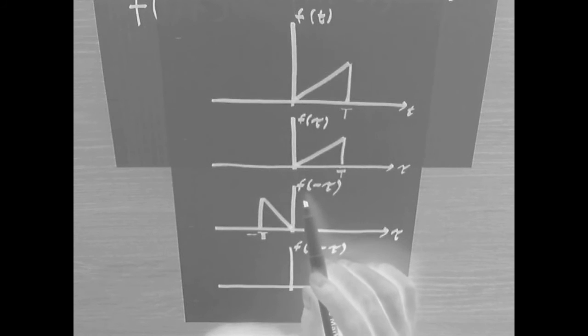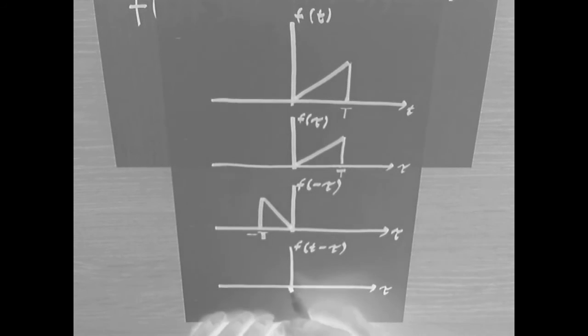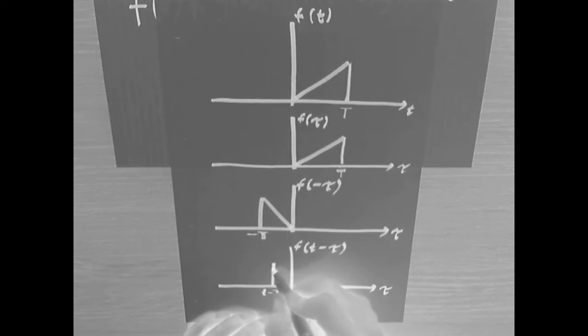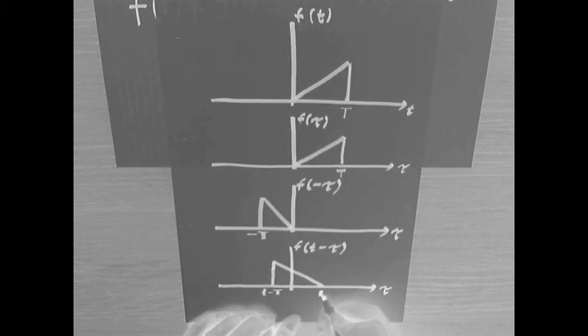And to shift from f of minus tau to f of t minus tau, we shift it to the right, and it looks like this, where it starts at tau equals t minus big T and finishes at t, whereby we have shifted it from finishing at 0 to t.